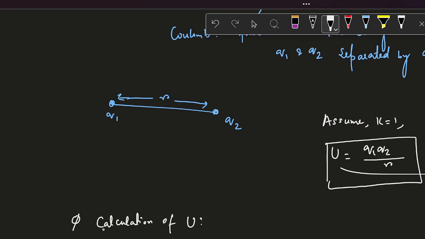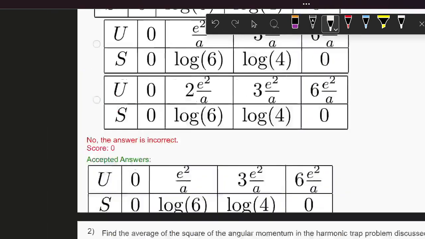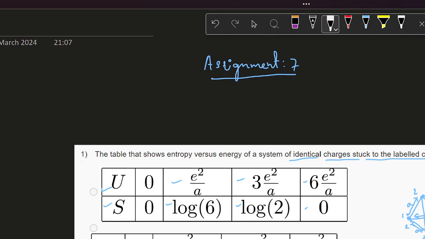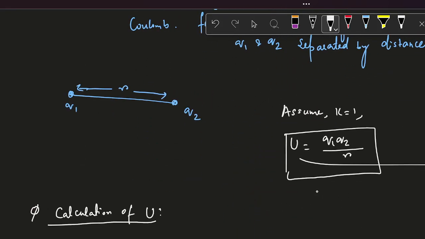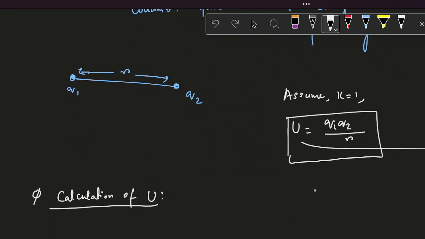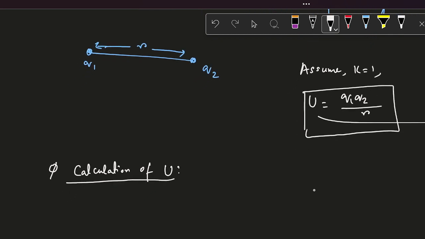So first of all the calculation of energy U. Now you might have noticed that in the question 4 values are given, right? So U has 4 values: 0, 3 E square by A, and 6 E square by A. This is happening because they are taking one particle at a time. When you start initially you have 0 particles sitting.